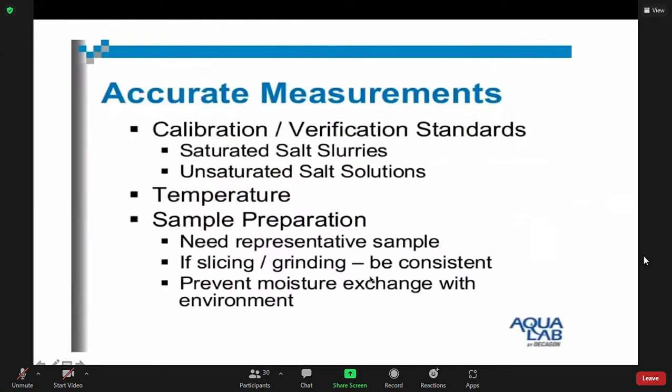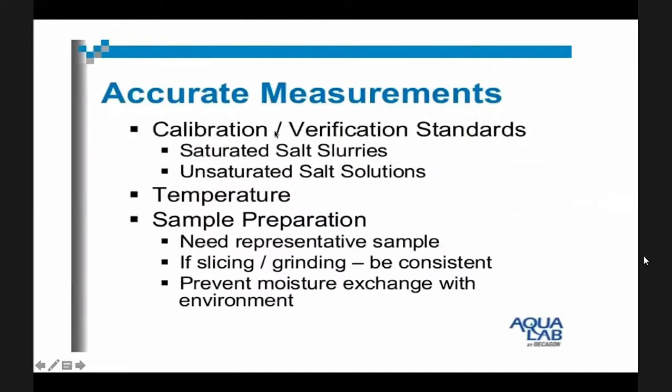Now, for accurate measurements, you need calibration, of course, and verification of the standards. Like temperature, you also need to check if the temperature that the machine is displaying is really the actual temperature set in the machine. Then for sample preparation, you need a representative sample.